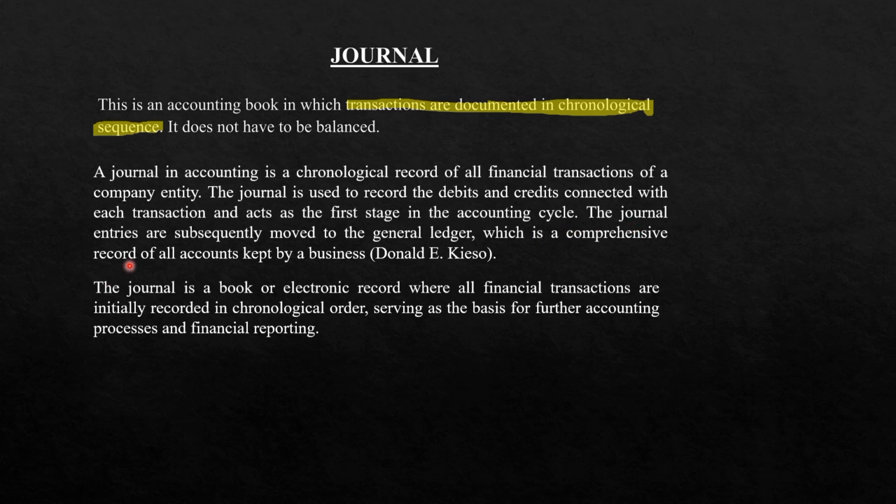The journal entries are subsequently moved to the general ledger, which is a comprehensive record of all accounts kept by a business. Okay, and this is something that we talked about. So the journal is a book or electronic record where all financial transactions are initially recorded in chronological order, serving as the basis for further accounting processes and financial reporting.